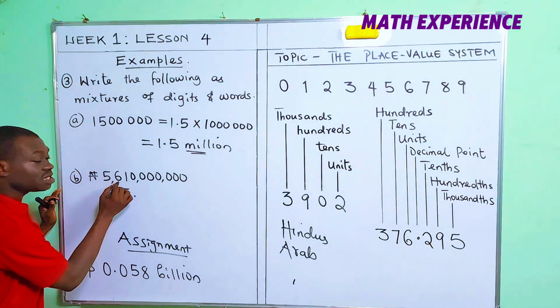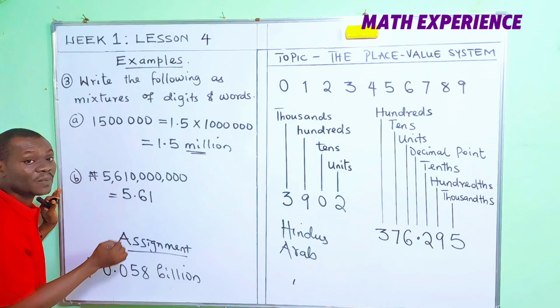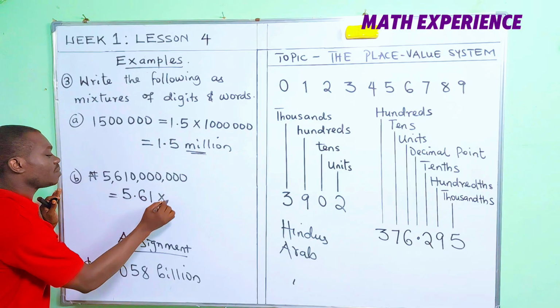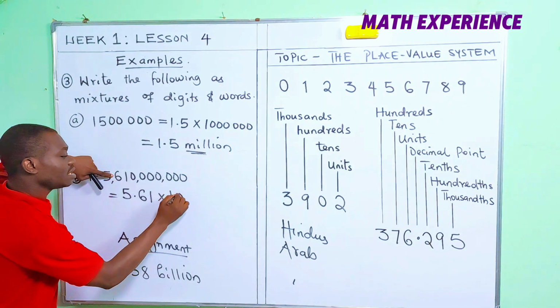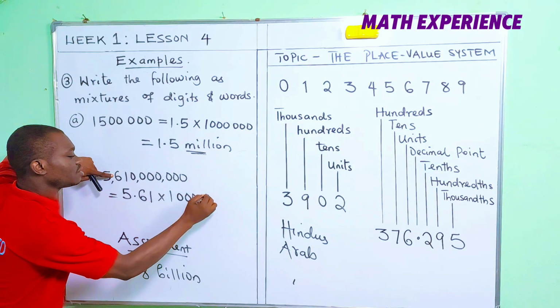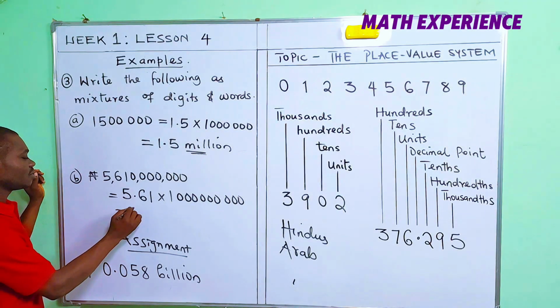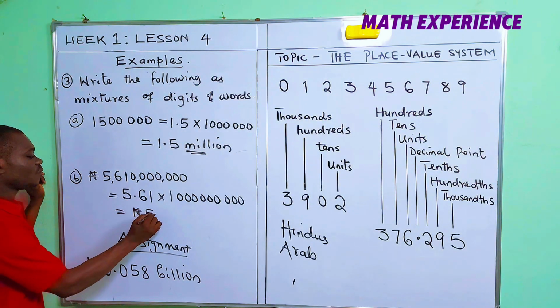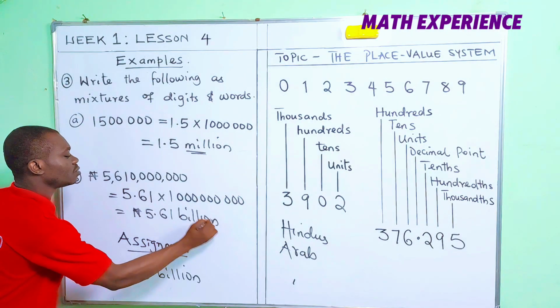Then every other digit that is significant, you write it. So 6 and then 1. All right. Then multiplied by 1, then count the number of digits after this, which is 9. And that is 9 zeros. Okay. And your 9 zeros is billion. So that's going to give us 5.61 billion as the solution.